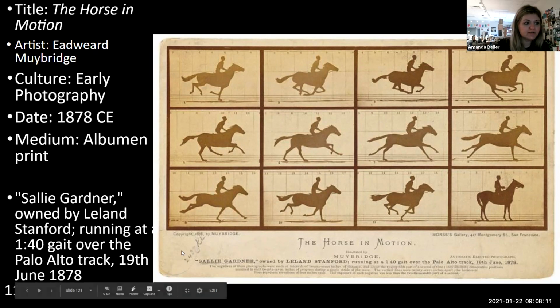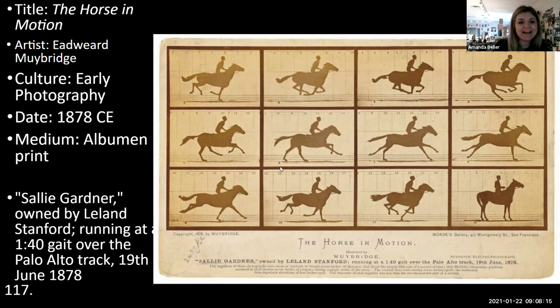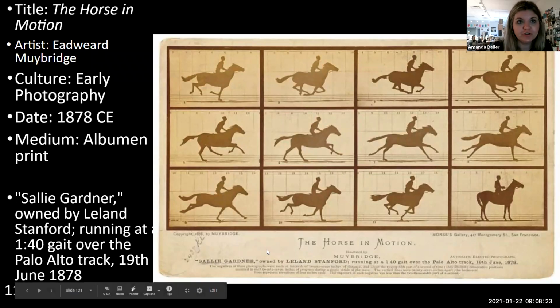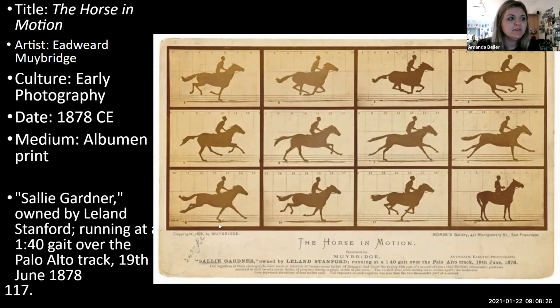So the horse in this series of pictures kind of looks like a silhouette almost. We're not getting a ton of detail of the horse, but the horse's name is Sally Gardner. Sally Gardner was owned by Leland Stanford of Stanford University.